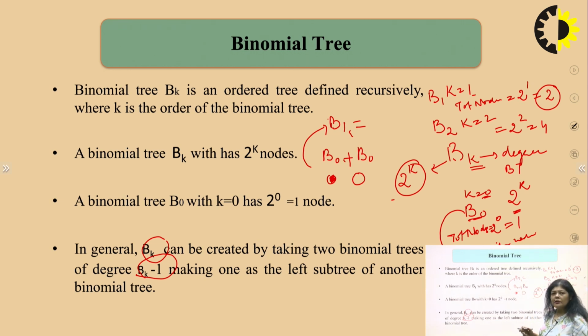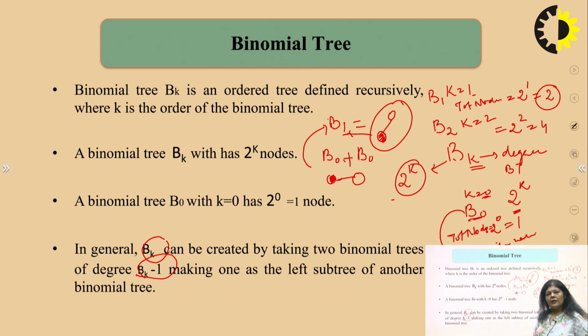We have already seen that we just need to make one binomial tree the left child of the other binomial tree, and that way the binomial tree with degree 1 will be created. So, in this case, I can take one B0 and associate the other B0 as the left child of this previous B0. That way, this tree now represents a binomial tree with degree 1.